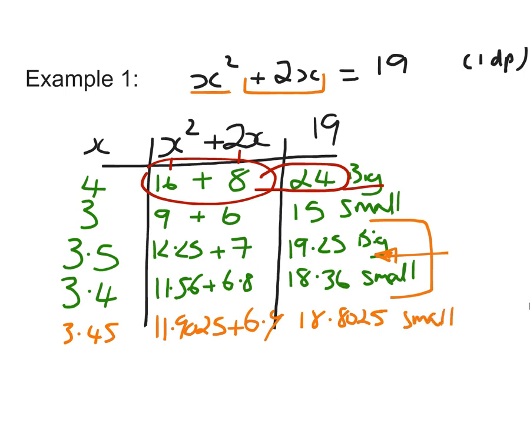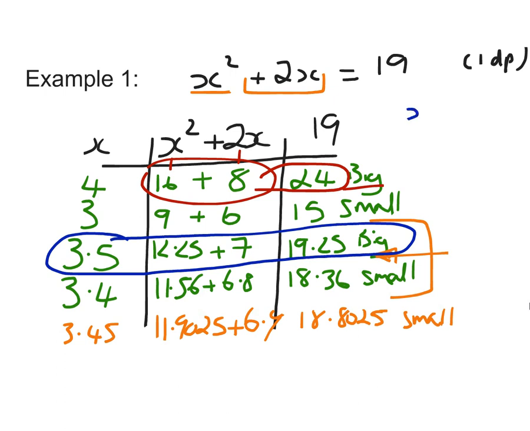But it does tell us that our correct answer is this one here, to 1 decimal place. So x equals 3.5 to 1 decimal place.